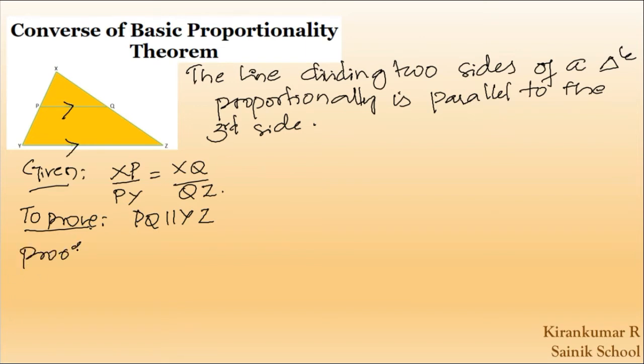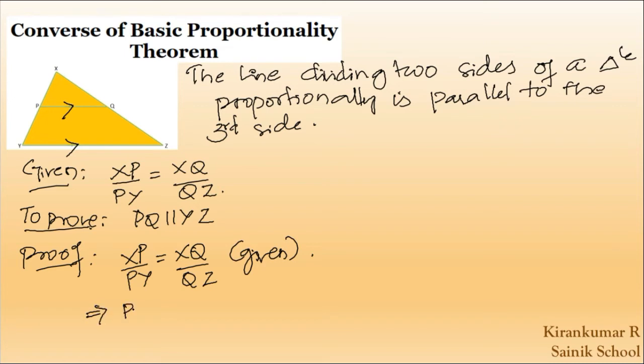Proof: XP by PY is equal to XQ by QZ. This is given. Now if I take the reciprocal, I'll get PY upon XP equal to QZ upon XQ. Now let us add 1 on both the sides.